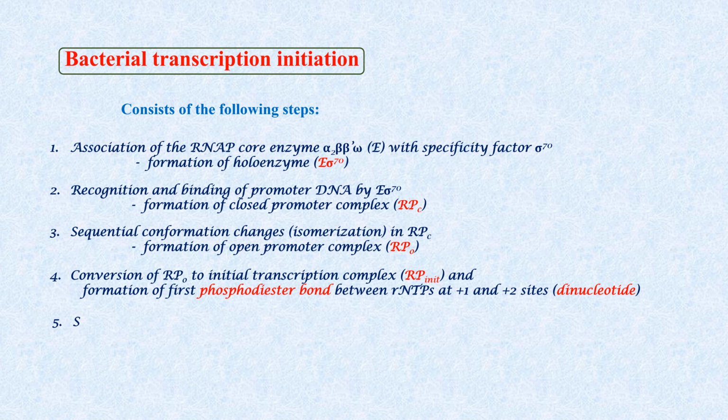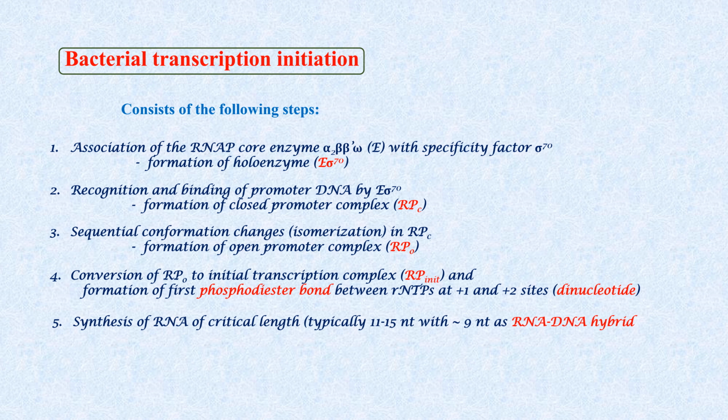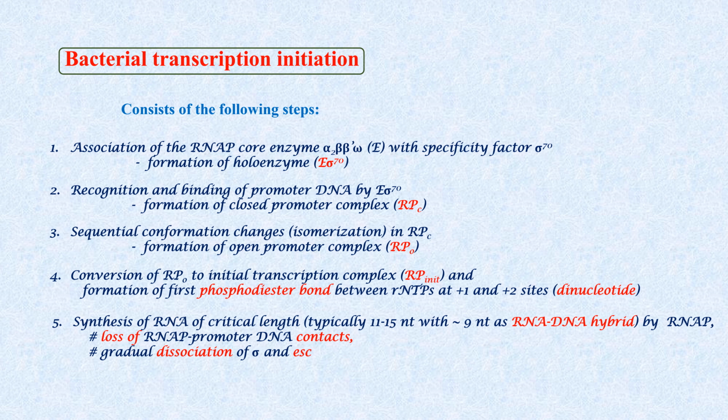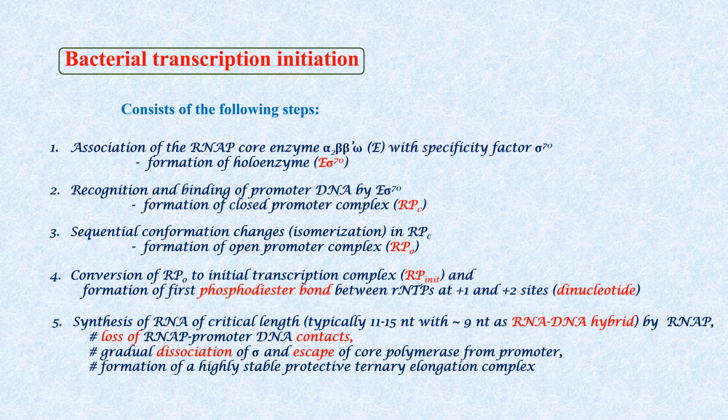This will lead to the synthesis of RNA of a critical length, and subsequently loss of the RNA polymerase-promoter DNA contacts that will end up in gradual dissociation of sigma and escape of the core polymerase from the promoter. And finally, a highly stable protective ternary elongation complex will be formed.